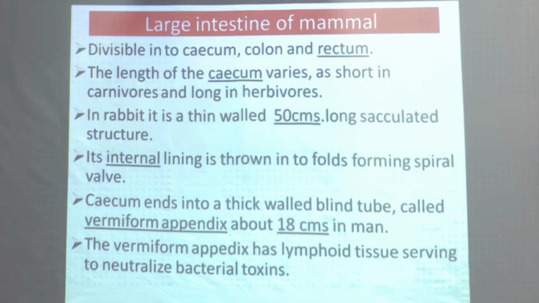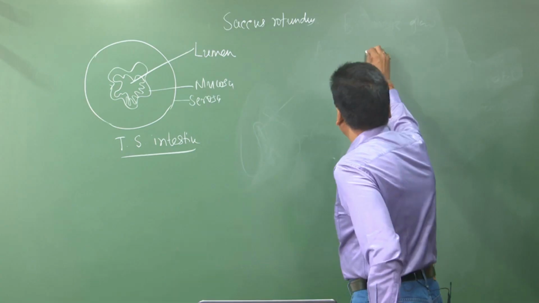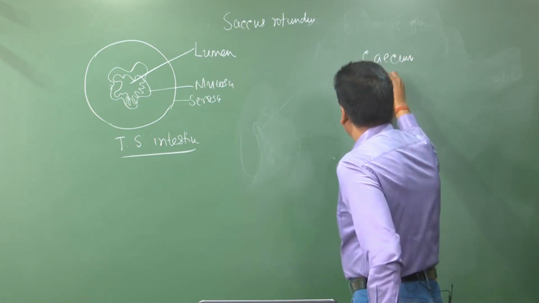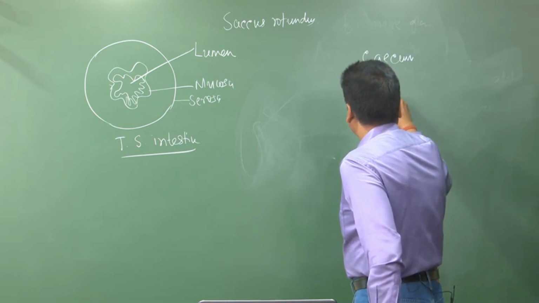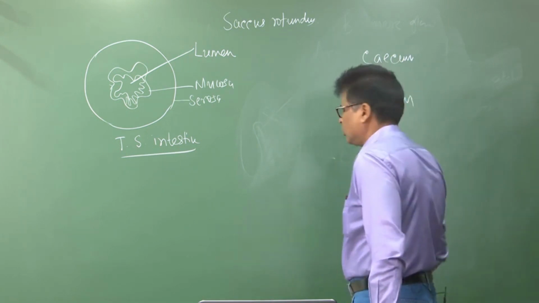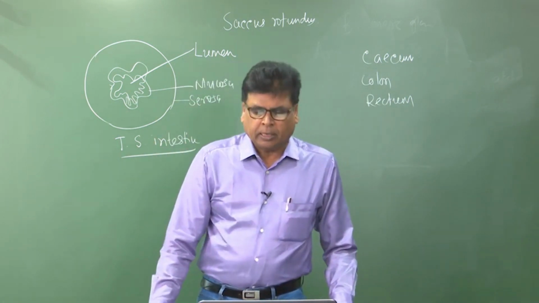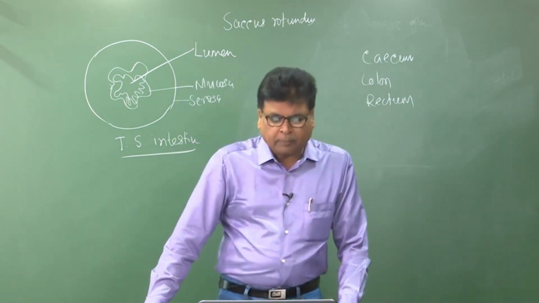So, in mammal, the large intestine is divisible into 3 parts: the first part is the cecum, the second part is the colon and the third part is the rectum. This is also found in the other tetrapods, but I am now giving some tips regarding the large intestine of the mammal.